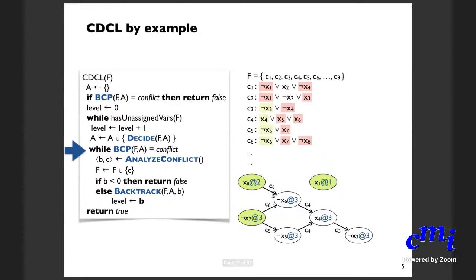And finally, when X2, not X3, and the decision made earlier at X1 are plugged into the clause C2, that generates the conflict.